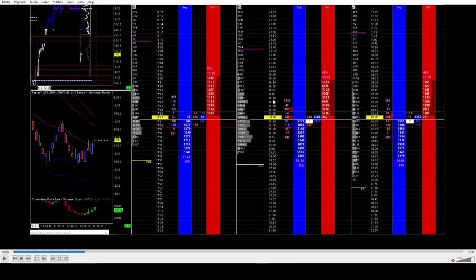The other idea is going to be that if we see a lot of absorption up at these levels, and then ultimately looking to fade this back into the sort of mean, or the main traded price, roughly into your sort of 13.5, 14s, 13s area, just depending on how long you want to be holding the trade.